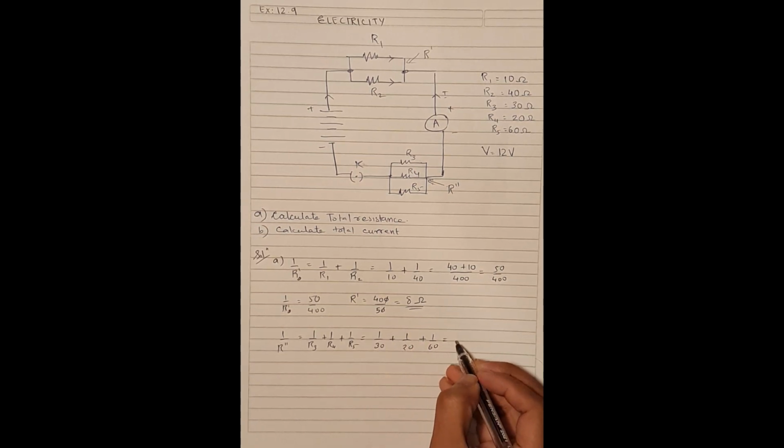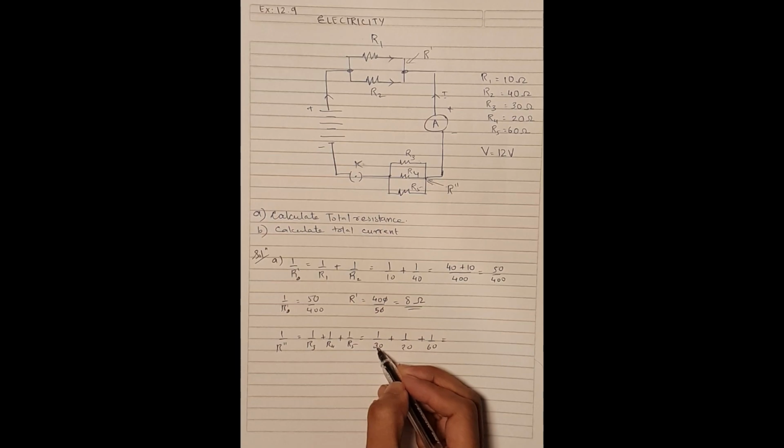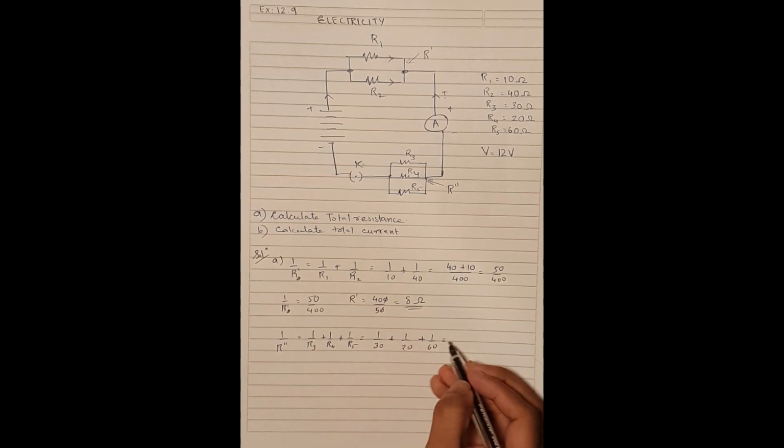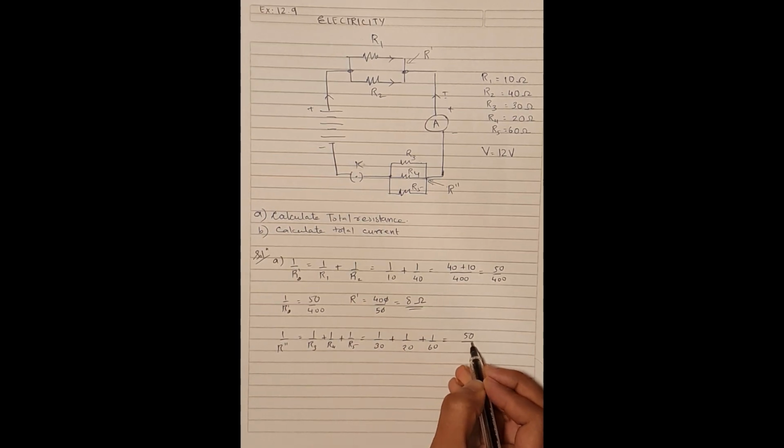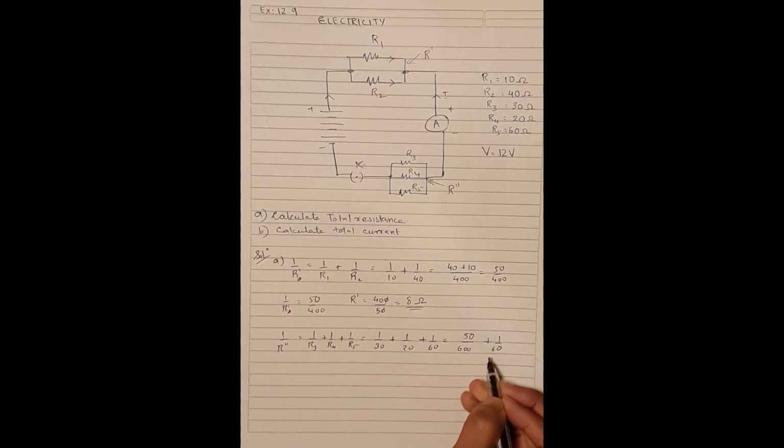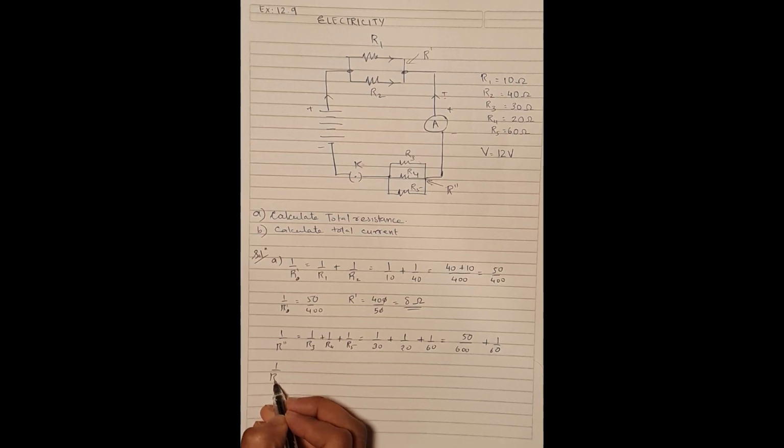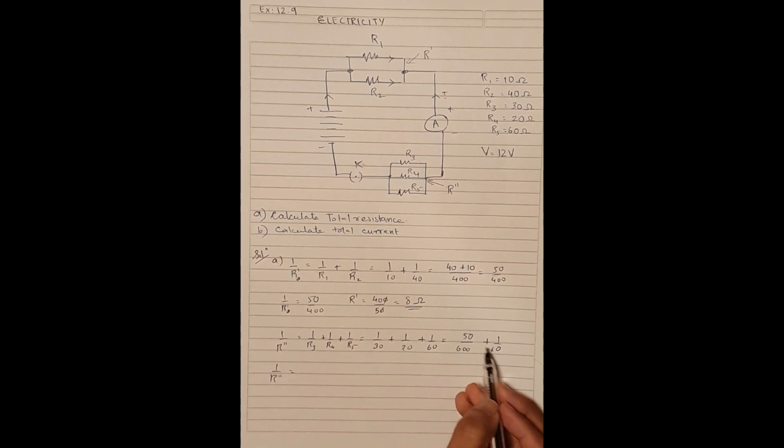If we calculate this, first we will have 20 plus 30 divided by 600, so about 50 divided by 600, plus 1 by 60. So 1 by R double prime is equal to 15 to 60, about 3000, right?